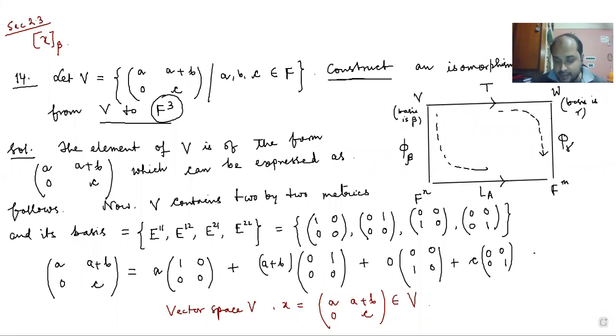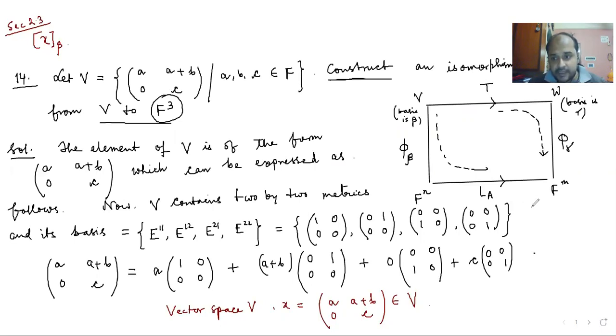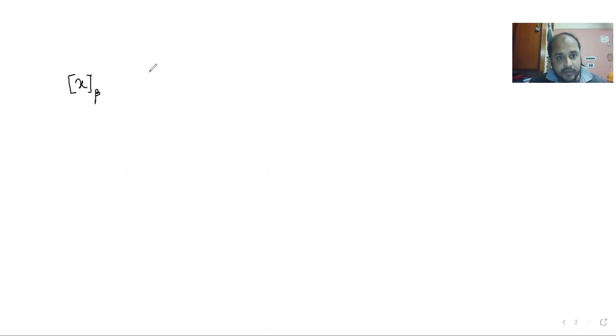So I'm writing on the next page that in that case, your x beta, with this basis which I'm calling beta, let us name it as beta. So this x beta will be nothing but this element a plus b, 0 and c, put inside a third bracket.